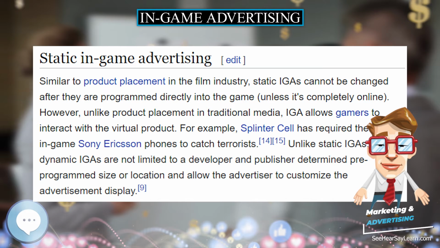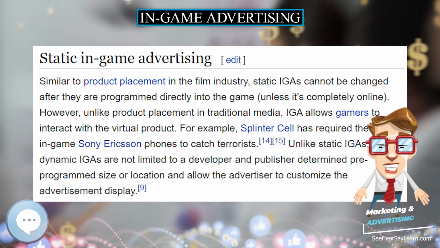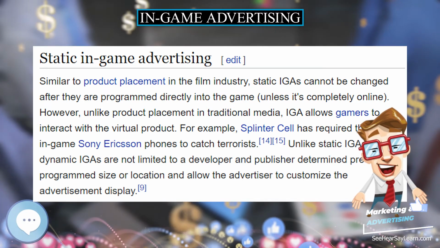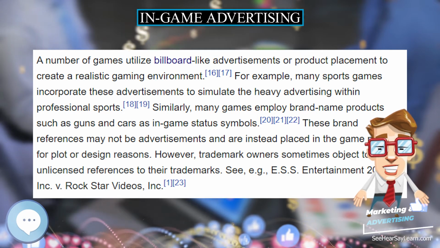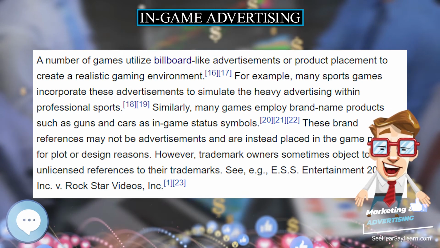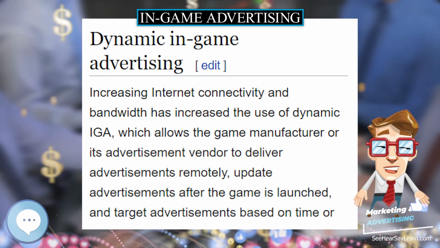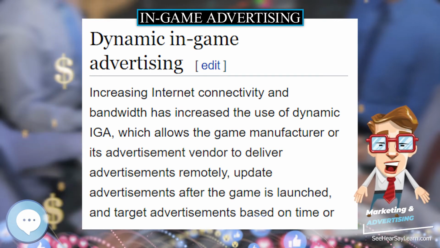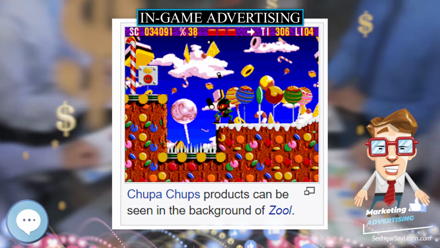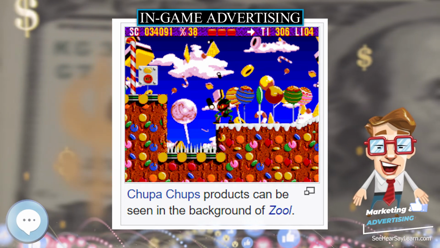Gamer reaction. Gamer reaction to IGA has also been mixed. A 2009 study by an advertising company found that 80% of consumers correctly recalled an advertiser and 56% had a more favorable impression of the advertiser because it allowed them to play a free game.